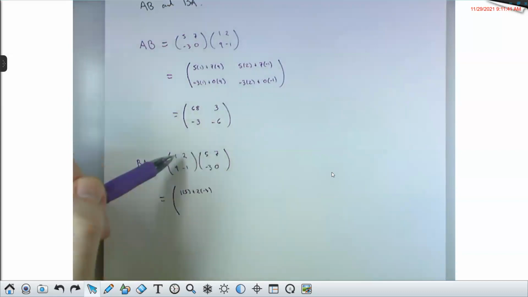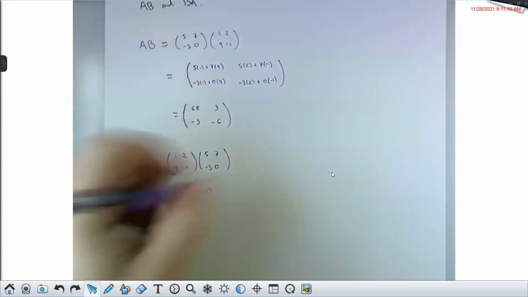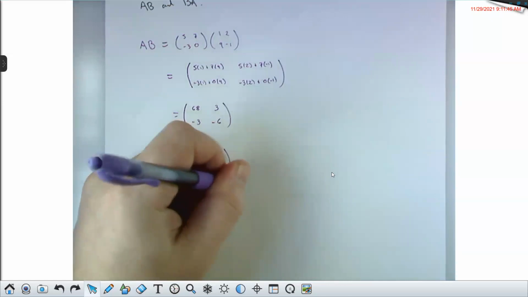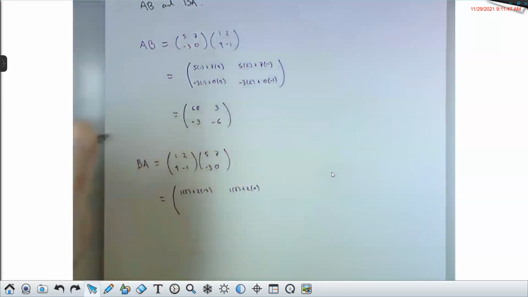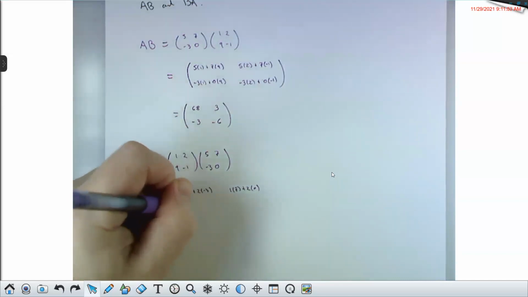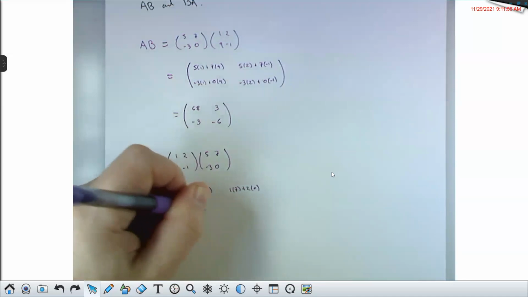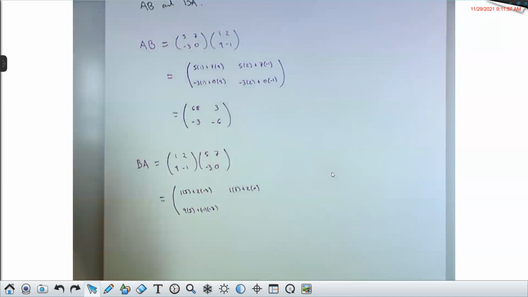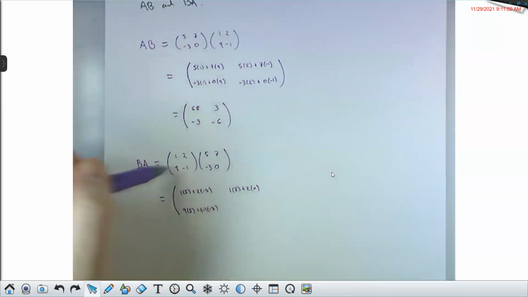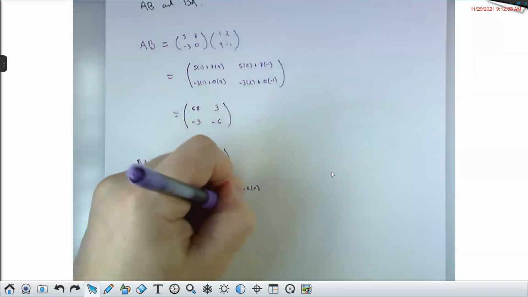Rows here, columns here. So 1 times 7 plus 2 times 0. Row here, column here. 9 times 5 plus -1 times -3. And row here, column here, 9 times 7 plus -1 times 0.